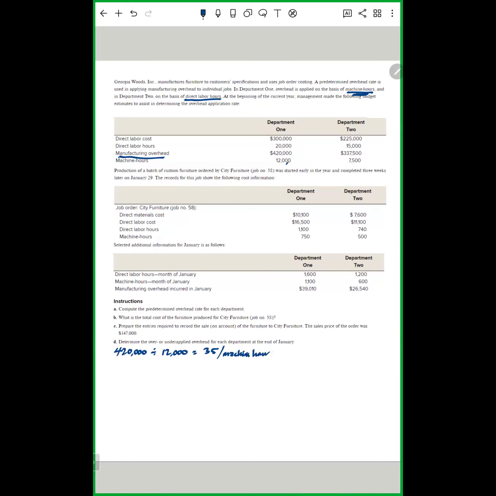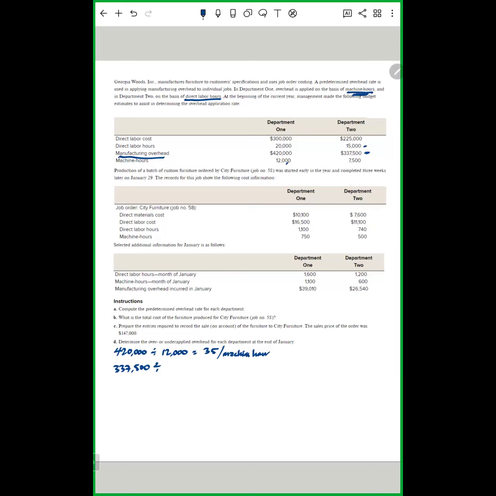And then in Department 2, we're going to use the $337,500. So manufacturing overhead. And here, instead of dividing by machine hours, in Department 2, we use direct labor hours.